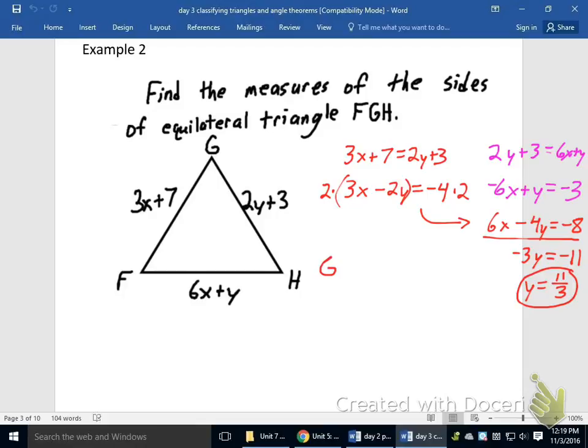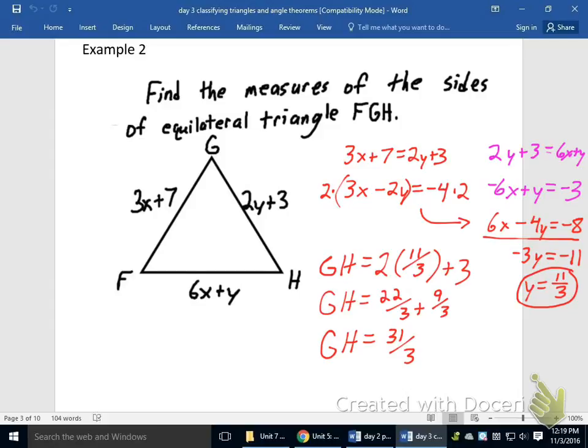So GH is equal to 2 times 11 thirds for y, that I just calculated, plus 3, and just simplify that down. And that's going to be 22 thirds plus 3. I'll change the 3 to being a 9 thirds, and so I'll get 31 thirds.